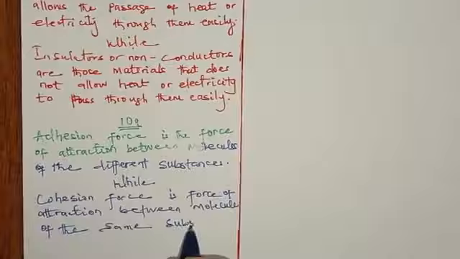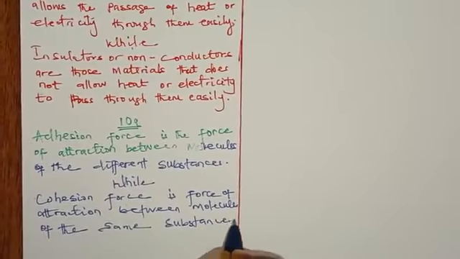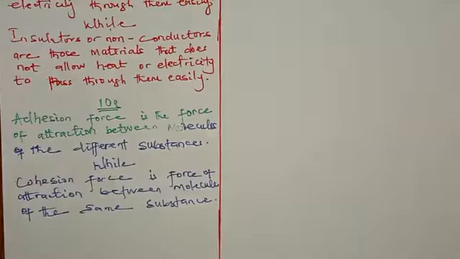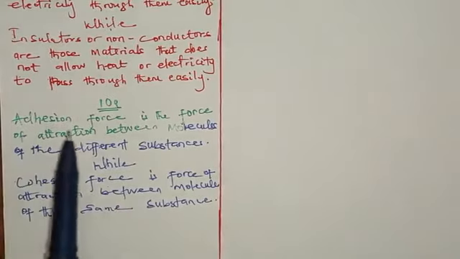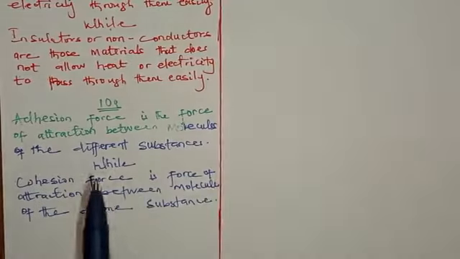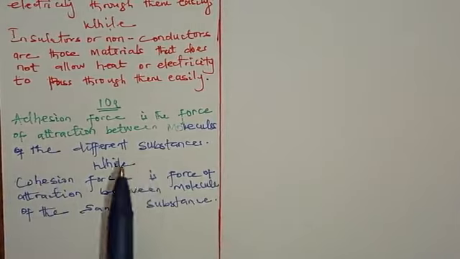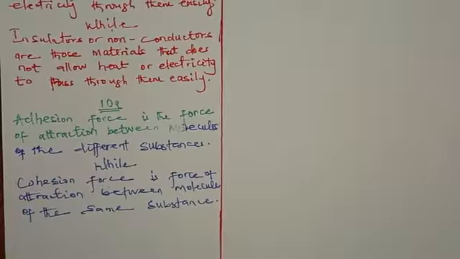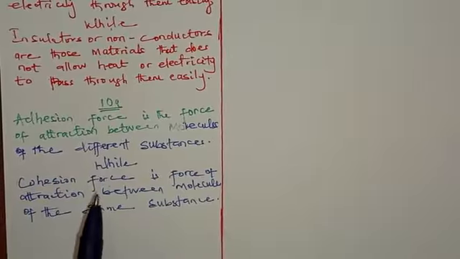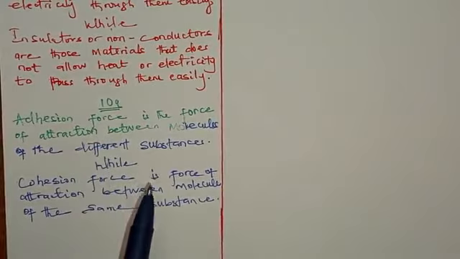Example: the force of attraction between molecules of mercury to mercury, or the force of attraction between water to water molecules. So that is cohesion. While between maybe mercury to glass, or between glass to water, they are force of adhesion. Is that understood? So that is about question 10A.